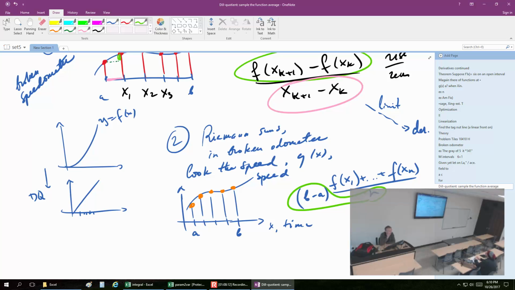There is a notation for it: b minus a over n. That's the length, that's right.